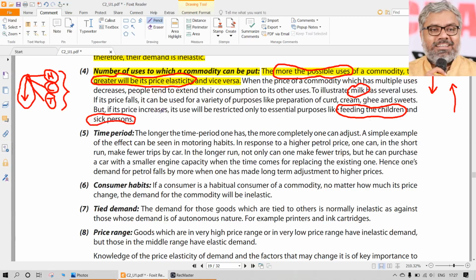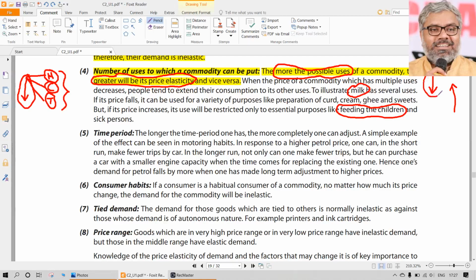When the price is very high and unaffordable, people will stop using the product for other purposes. The luxurious purposes like making rasgulla may be reduced. So the demand for milk will also reduce because it is price elastic.